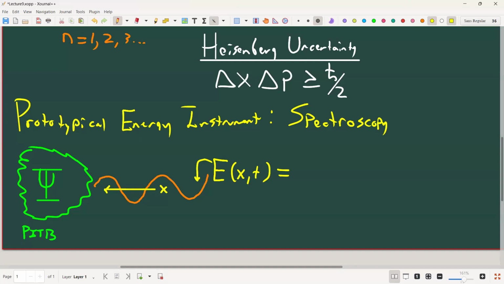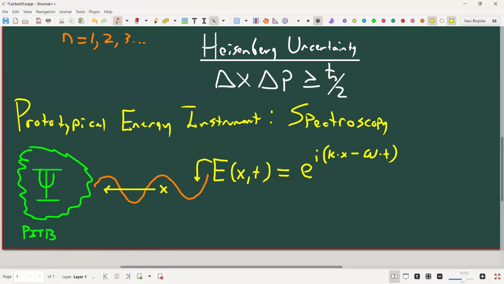And just like our quantum waves, our wave functions, light is also a complex wave. It has two components, a longitudinal and a transverse oscillation. So we can write it as e^(i(kx − ωt)).